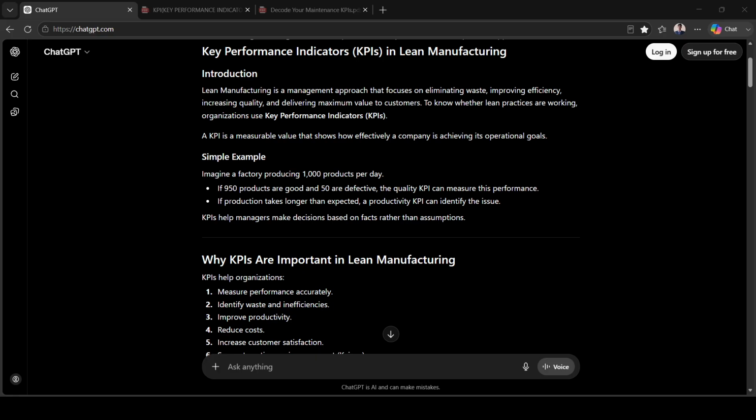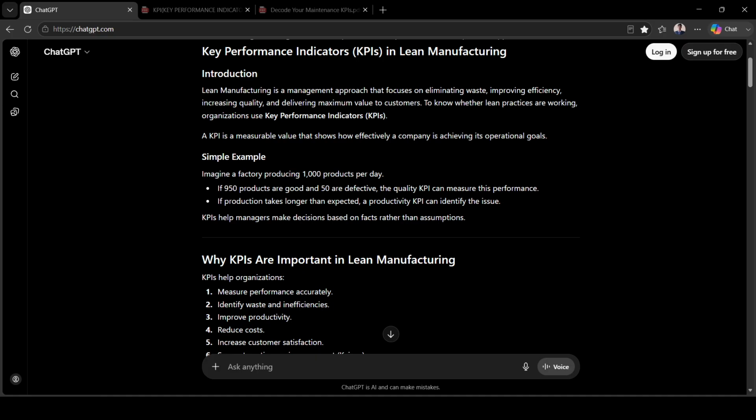In lean manufacturing, KPIs are used to monitor productivity, quality, efficiency, safety, and overall business performance. So today we will learn all the details about key performance indicators in lean manufacturing. Let's start.